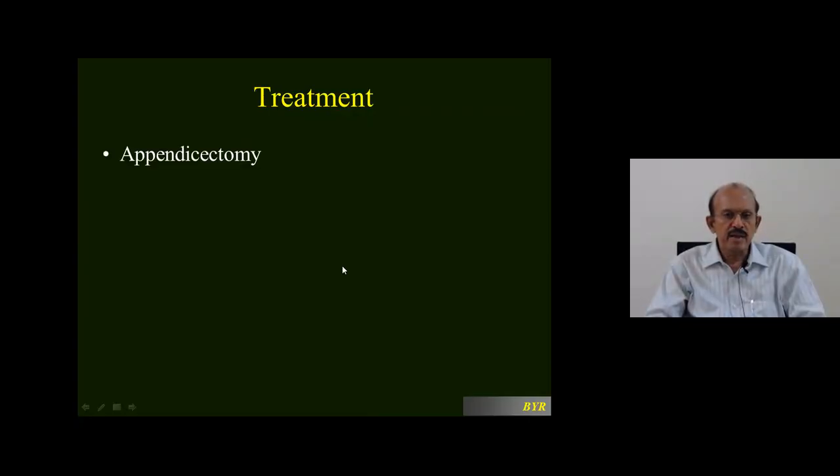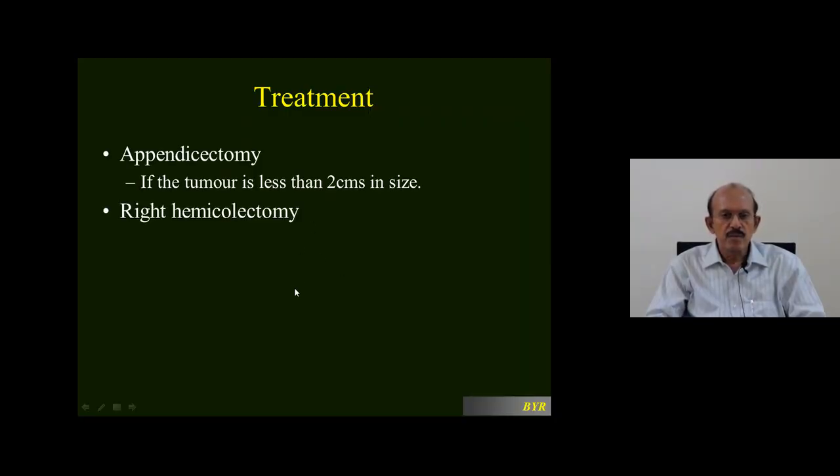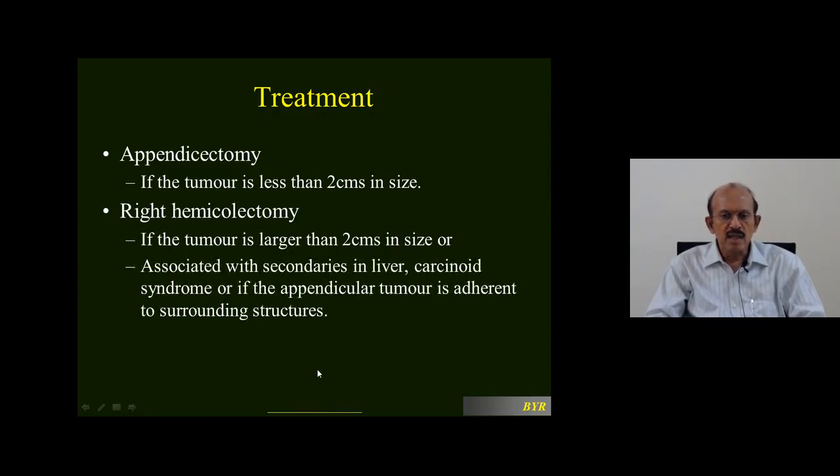Treatment is appendectomy if the tumor is less than 2 centimeters in diameter. If the tumor is greater than 2 centimeters in diameter, or associated with secondaries in the liver, carcinoid syndrome, or if the appendicular tumor is adherent to surrounding structures, you must do right hemicolectomy. That means in these situations, you must consider it as a malignant carcinoid.